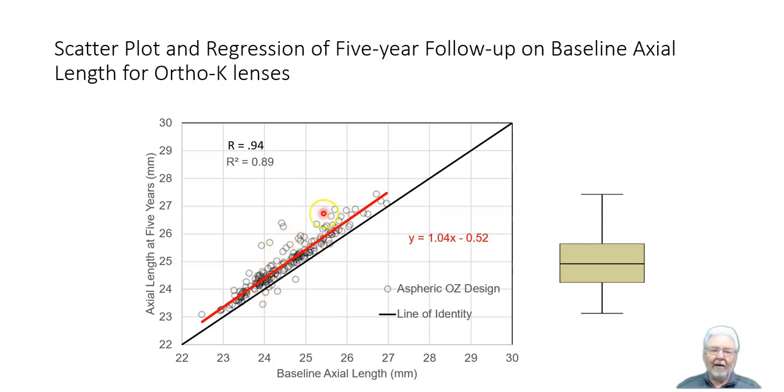Here we have a person who had maybe 25.5, and after 5 years his eye grew to be 26.75 millimeters.